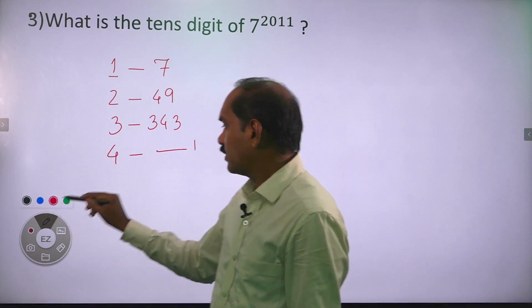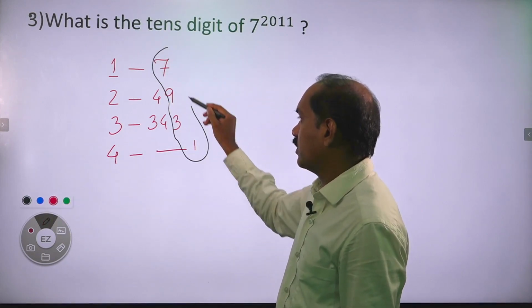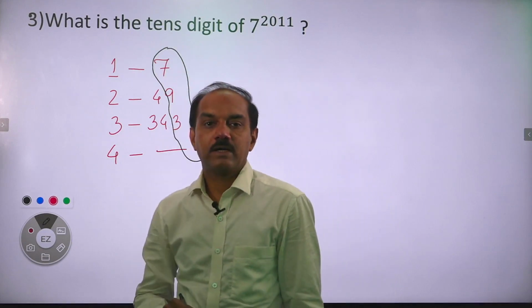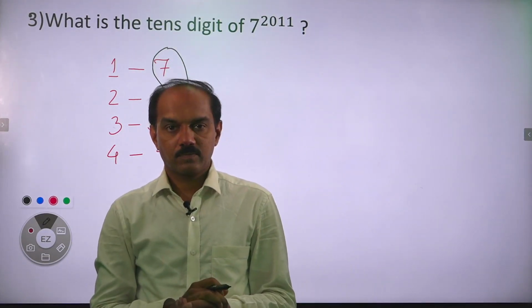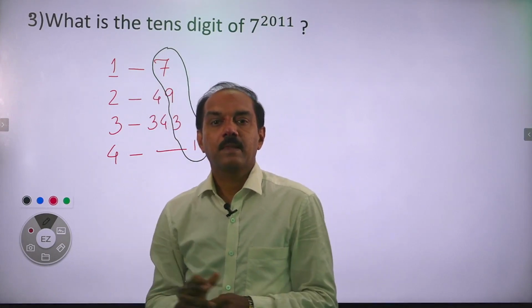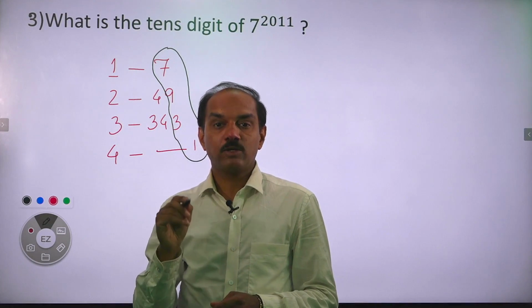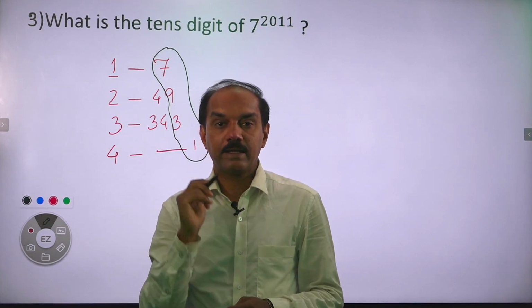Now let us concentrate only on the last digit first, because in CSAT he had asked the digit in the unit place. Okay, we will do both. Let us do both here: how to find out the digit in the unit place and how to find out the digit in the 10th place.